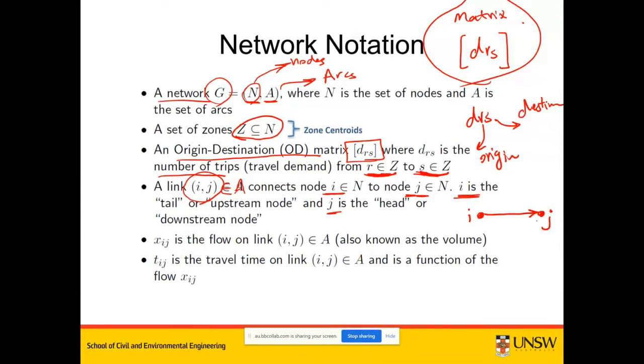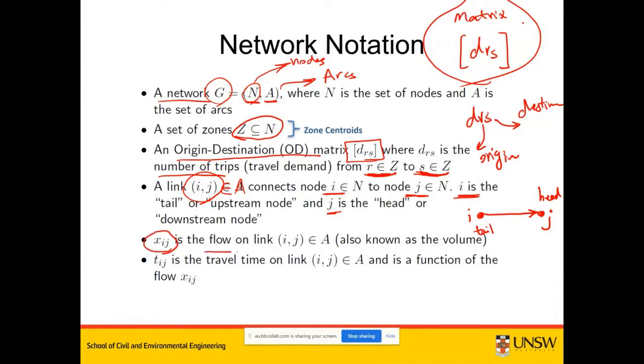Again, remember IJ and JI are different because it has directionality. Transport networks have directionality. I'm more comfortable with upstream and downstream node rather than tail and head, but you can also use tail and head terminology.